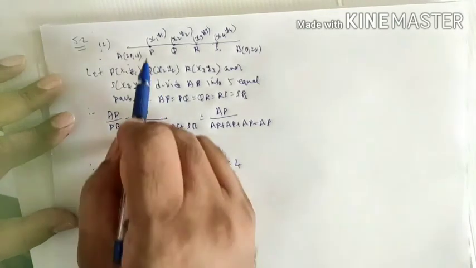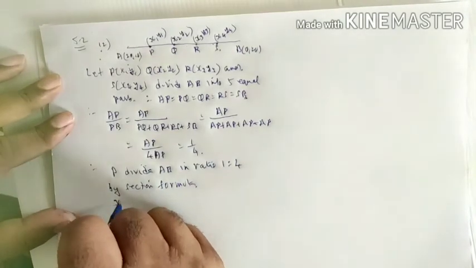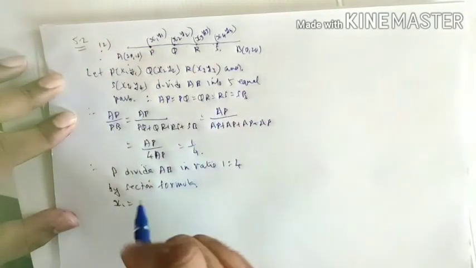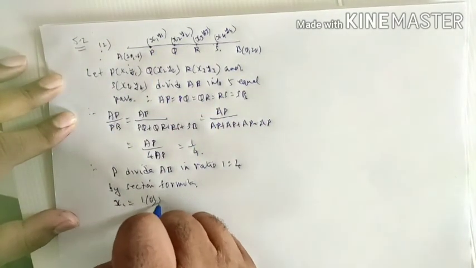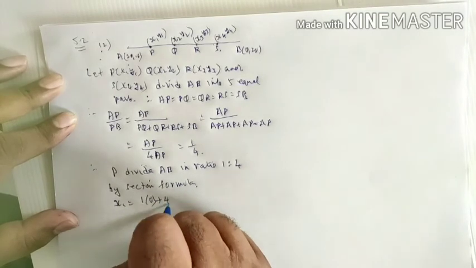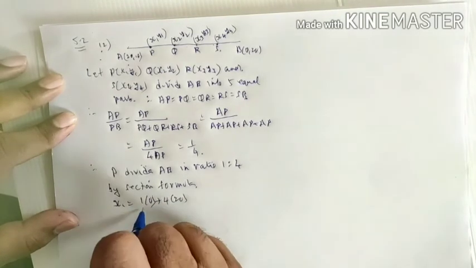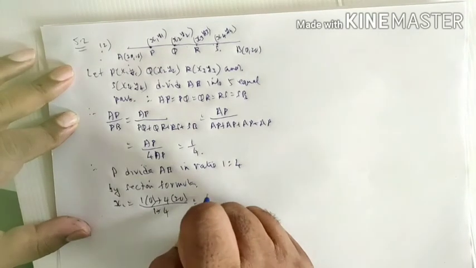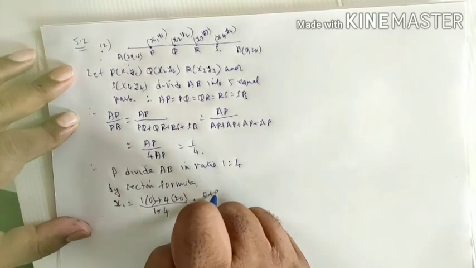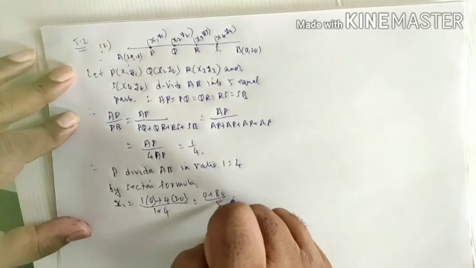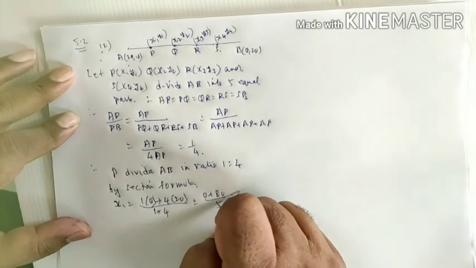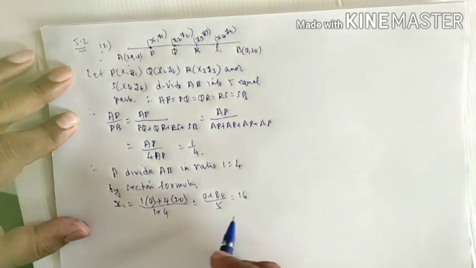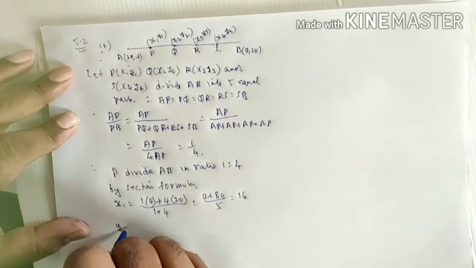Section formula. What is x1 equal to? X1 is equal to, now see the ratio we are getting is 1:4. So 1 into 0 plus 4 into 20 upon 1 plus 4, which is equal to 0 plus 80 upon 5. 0 plus 80 upon 5 is how much? 16. We got 16. X1 equal to 16. What is y1 we get?